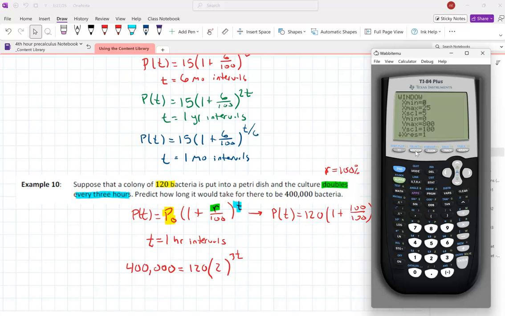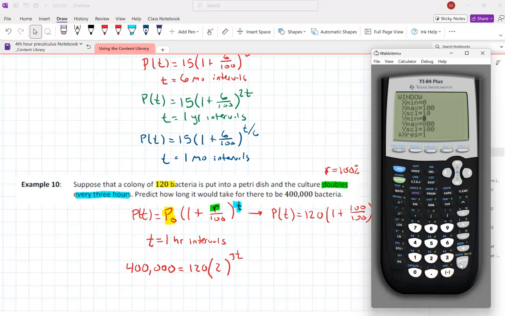In 6 hours, I've gone from 240 to 480. In 9 hours, I've gone from 480 to 960. So it's going to be a while, right? So I'm going to make that X max out to say 100. It's probably good. Everybody okay there?